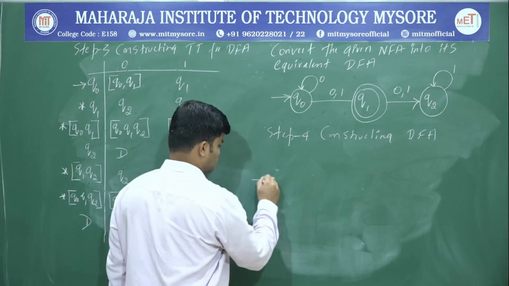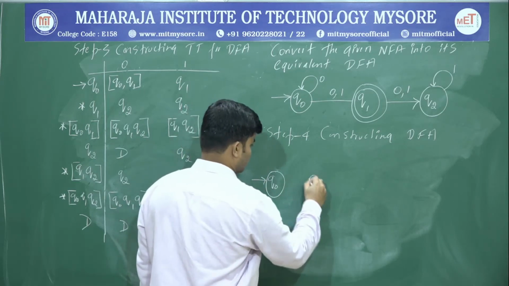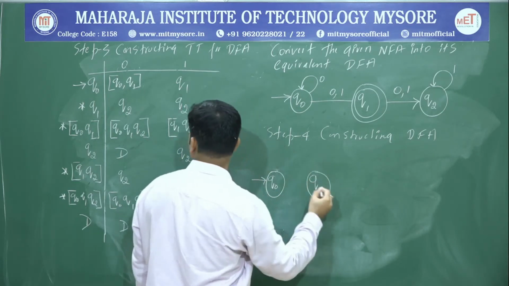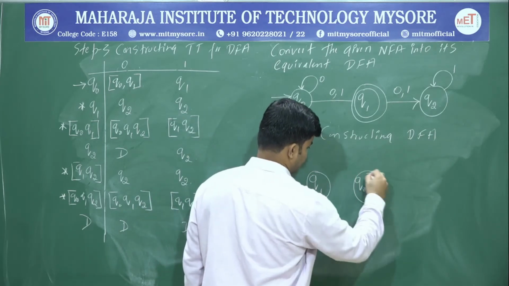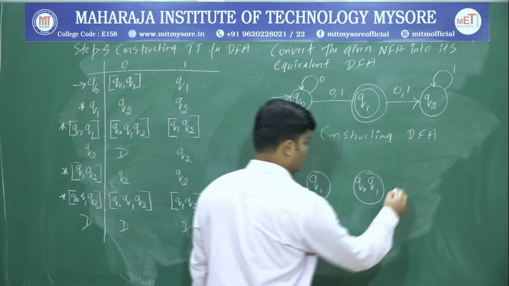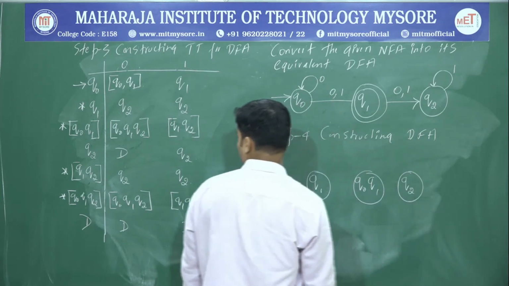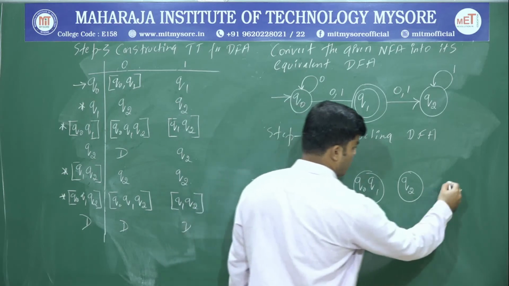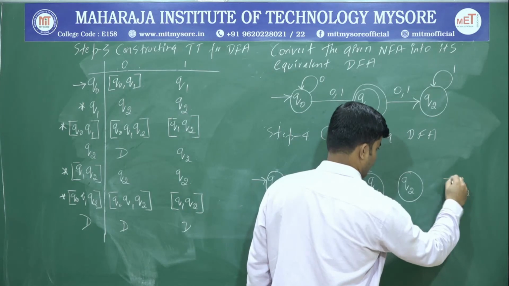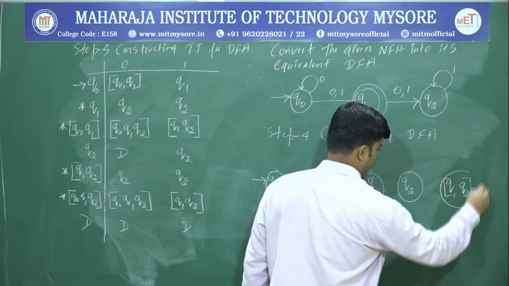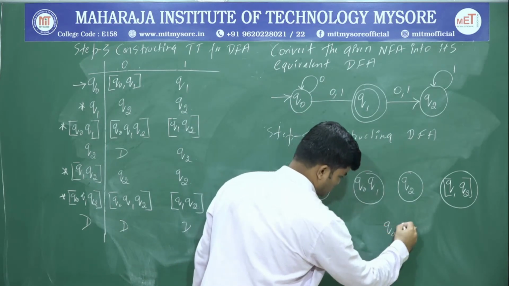So we will get Q naught, Q1, Q naught Q1, Q2, Q1 Q2, and finally Q naught Q1 Q2.